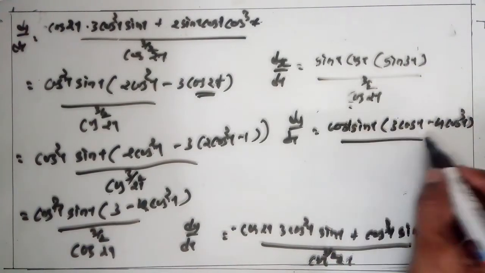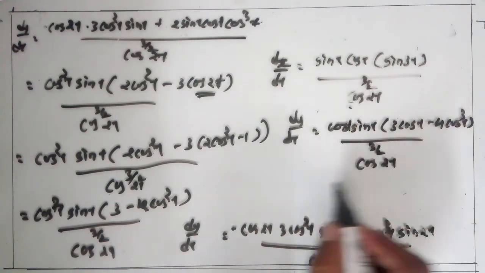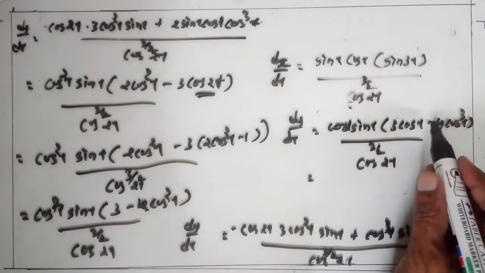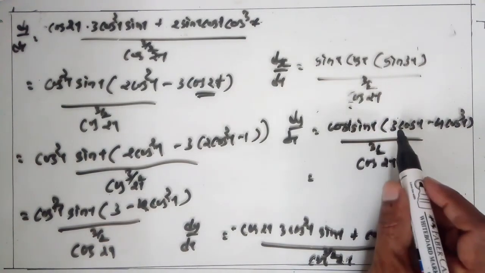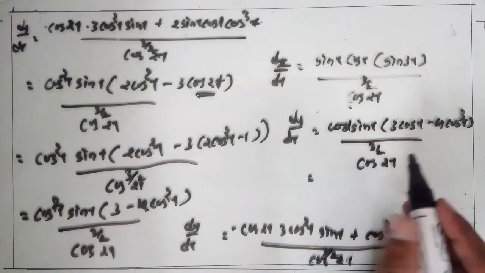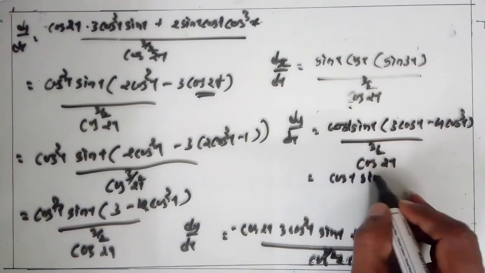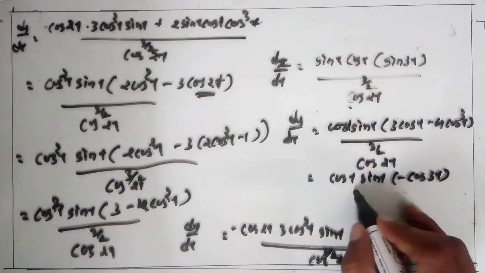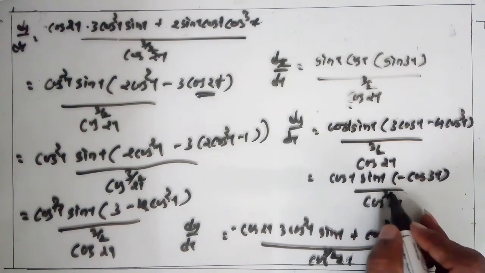Clear? Upon cos 2t raised to 3 by 2. So is equal to minus, take outside, 4 cos cube t minus 3 cos t becomes minus cos 3t, clear, upon cos 2t raised to 3 by 2.